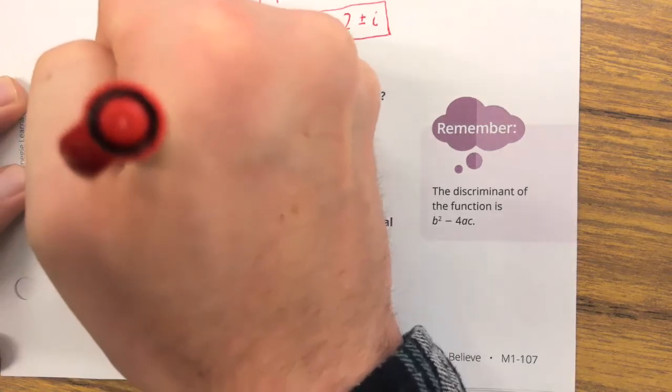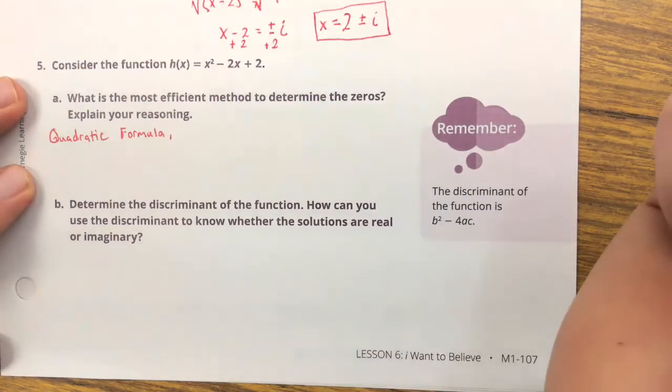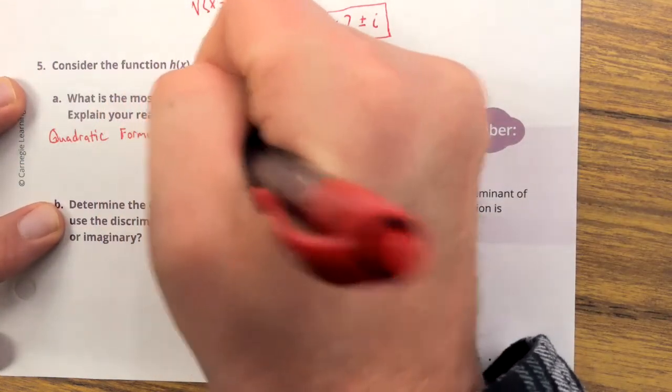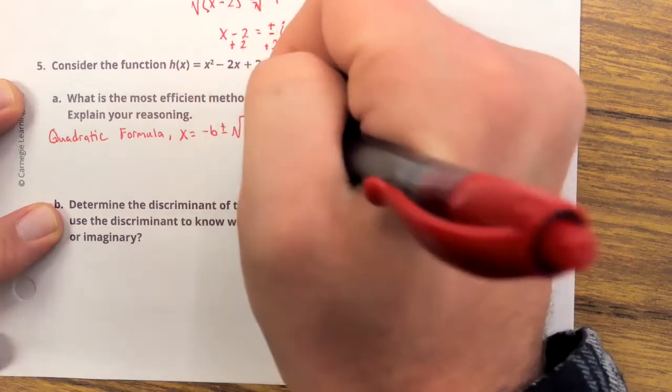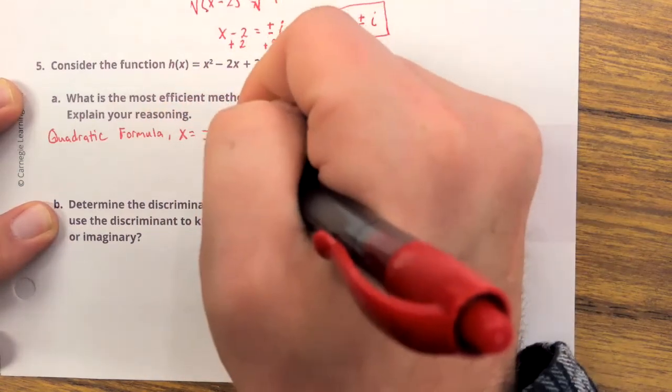Quadratic formula. Hopefully you guys are starting to memorize this now. x equals −b plus or minus the square root of b² − 4ac, all over 2a.